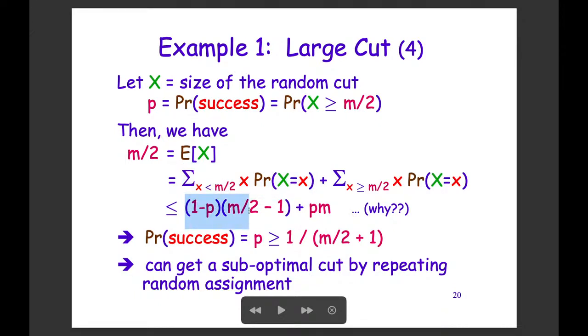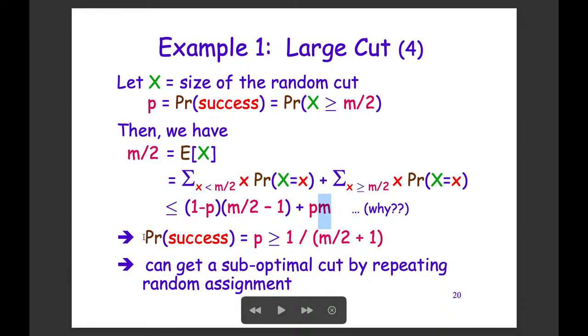So the first term is smaller than or equal to 1 minus p times m over 2 minus 1. Similarly, the value of x in the other case, although it can be unknown, is upper bounded by m, and the summation of the probabilities here is equal to p. This is the case that it is successful. So we have this relationship.